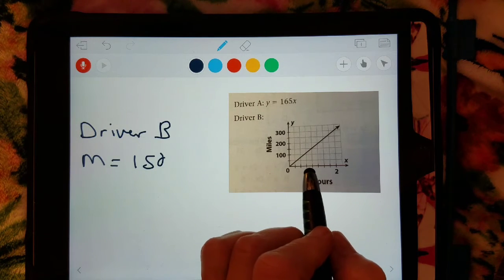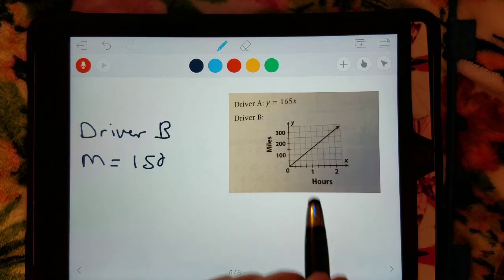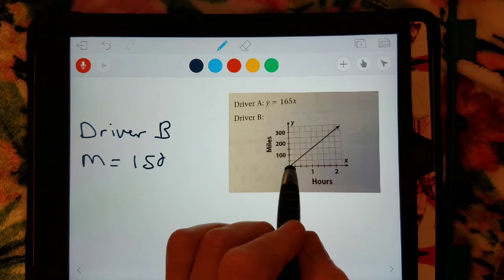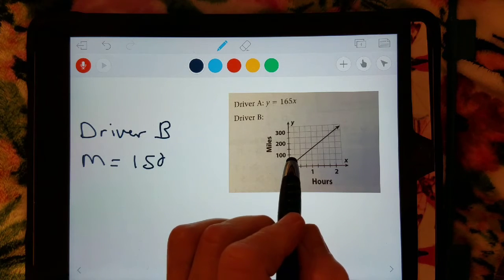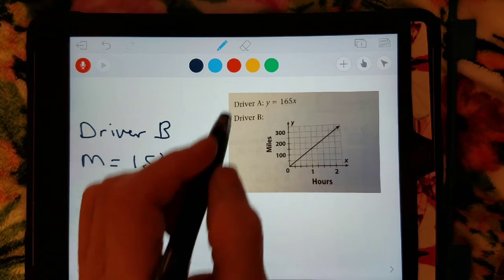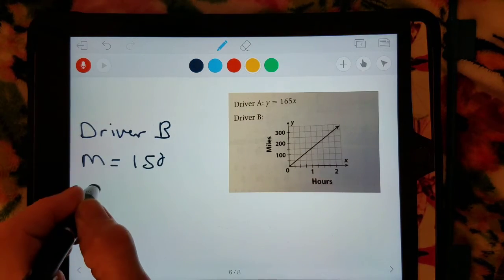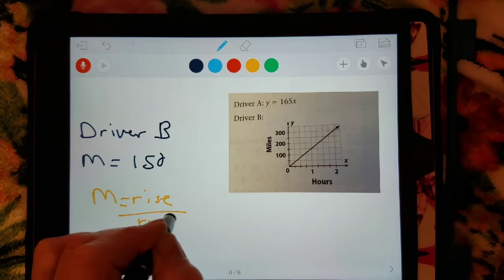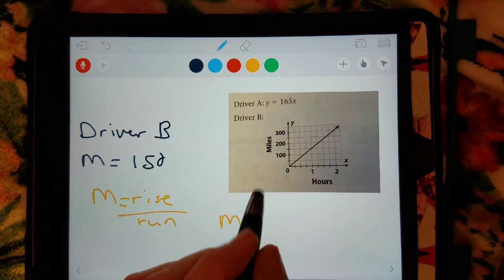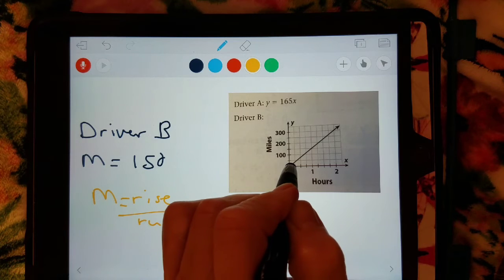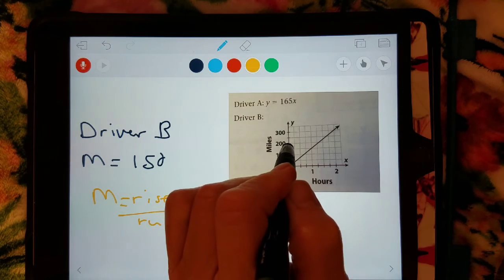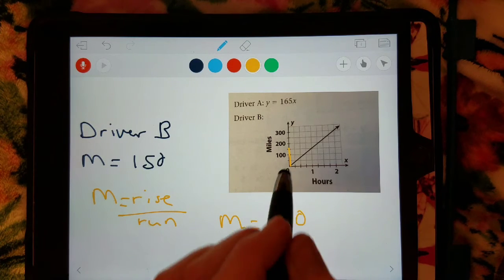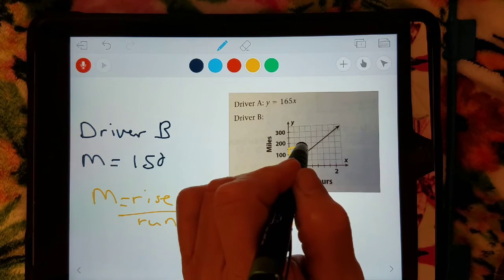We could have done rise over run. Let's do rise over run. So m equals rise over run. That's another way to look at the slope. So m equals, if we start at 0, 0, he rose 150 miles, and he ran 1.